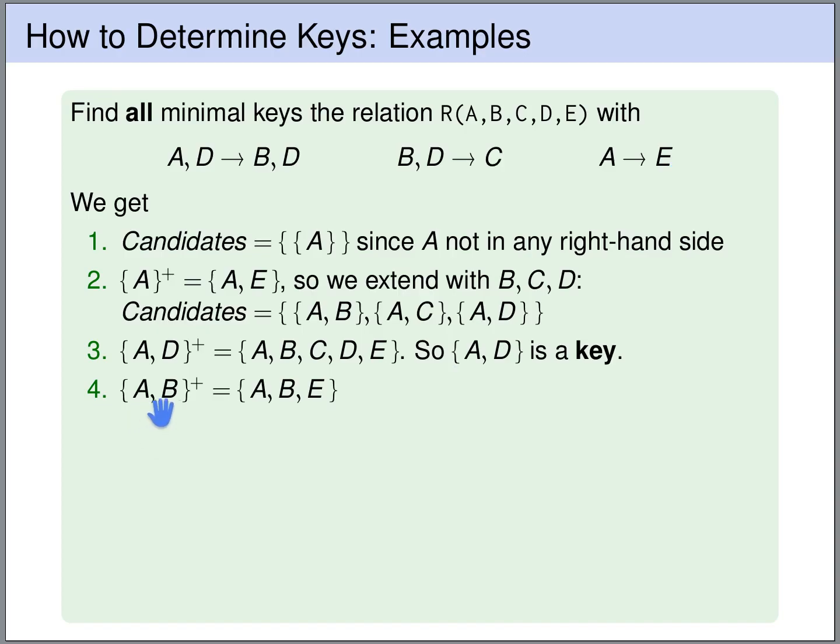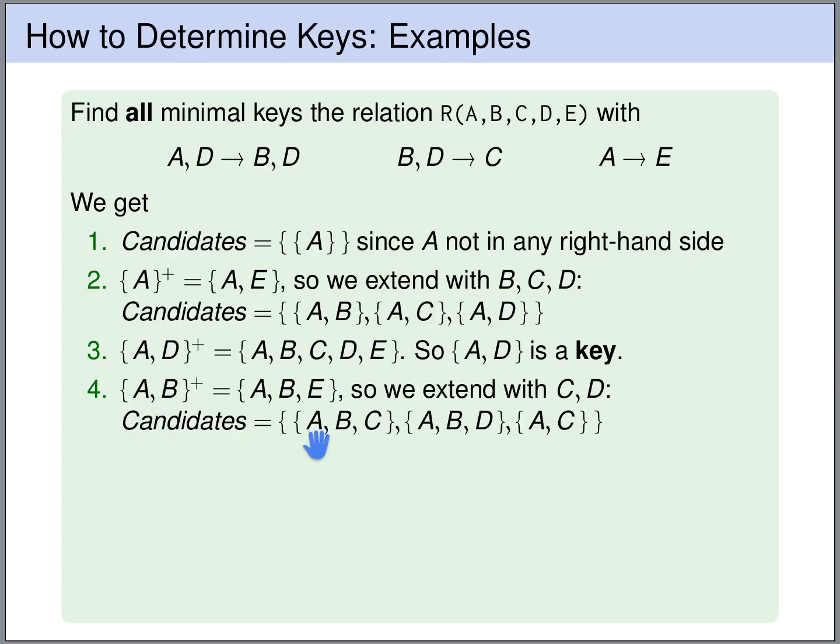So this means we have to extend this key with all the attributes that are not in the cover. So with C and with D. So we get ABC and we get ABD. And we still have the candidate consisting of AC that we didn't look at yet.